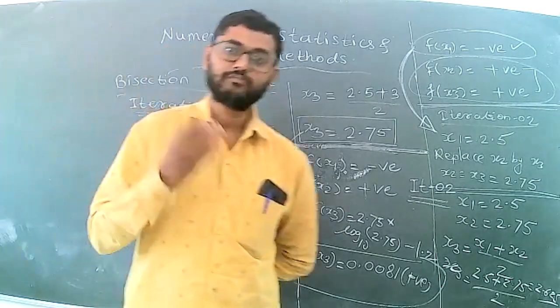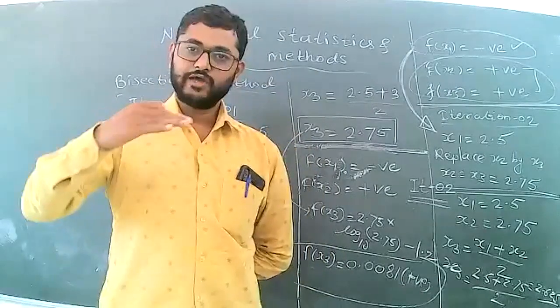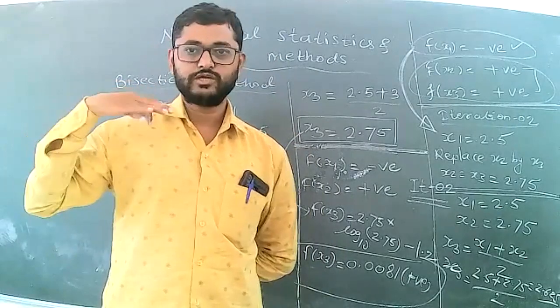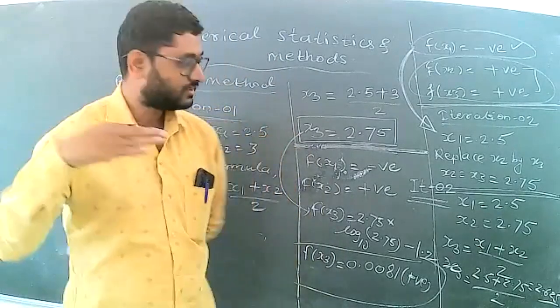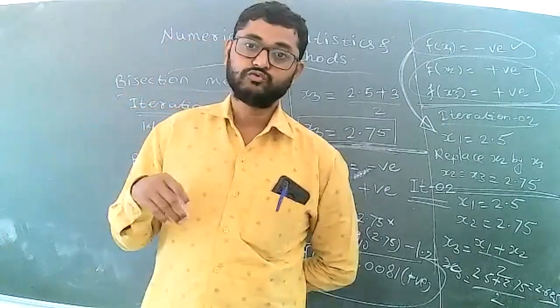In some cases x1 is constant, in some cases x2 is constant. In this way, we have to repeat for the number of iterations n equal to 4.